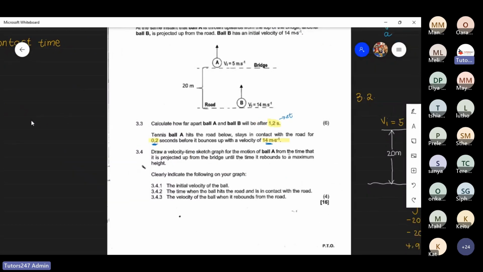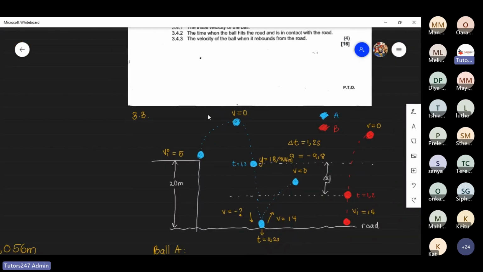Let us look at our diagram. If this ball is hitting the ground, and we assumed upwards to be positive, is it not true that our velocity will be negative? Why? Because when it's hitting the ground, it's going from the top to the bottom, from the sky to the road. So top to bottom, it's going in a downwards direction.